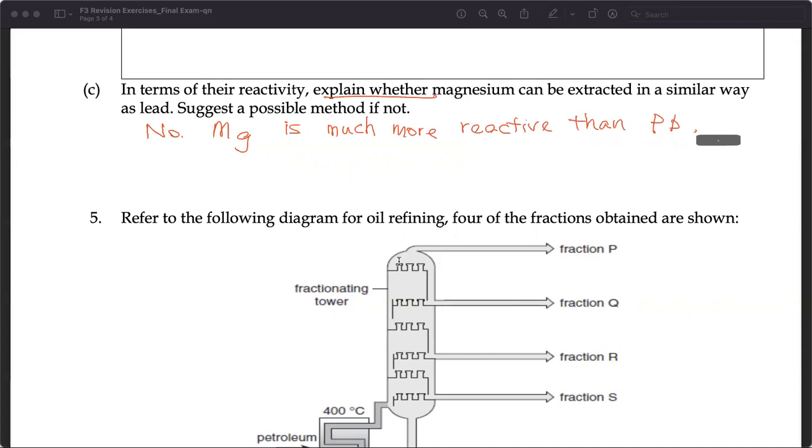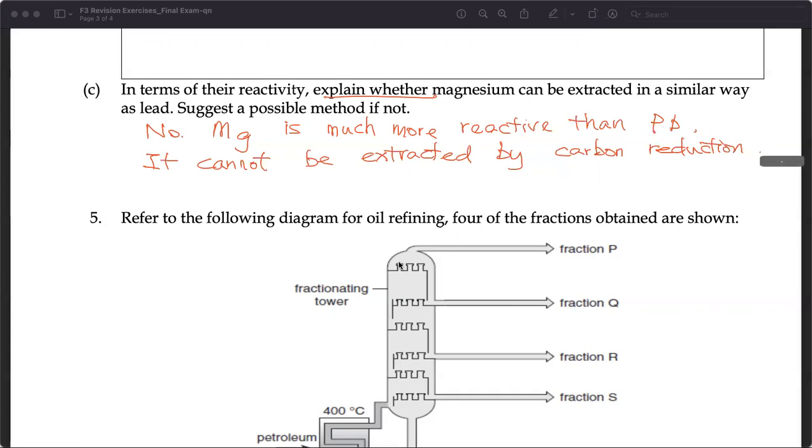It cannot be extracted by carbon reduction, because we are heating with carbon in the previous one, but this time we say that carbon reduction cannot work.